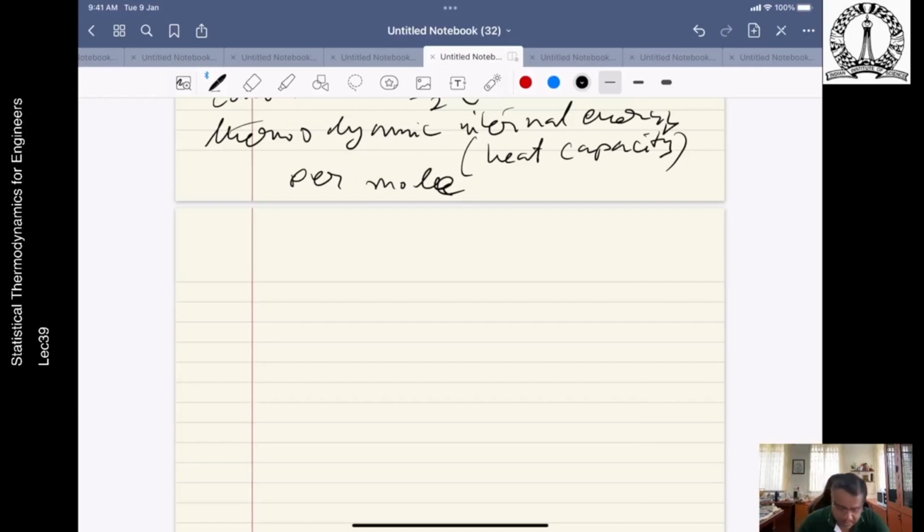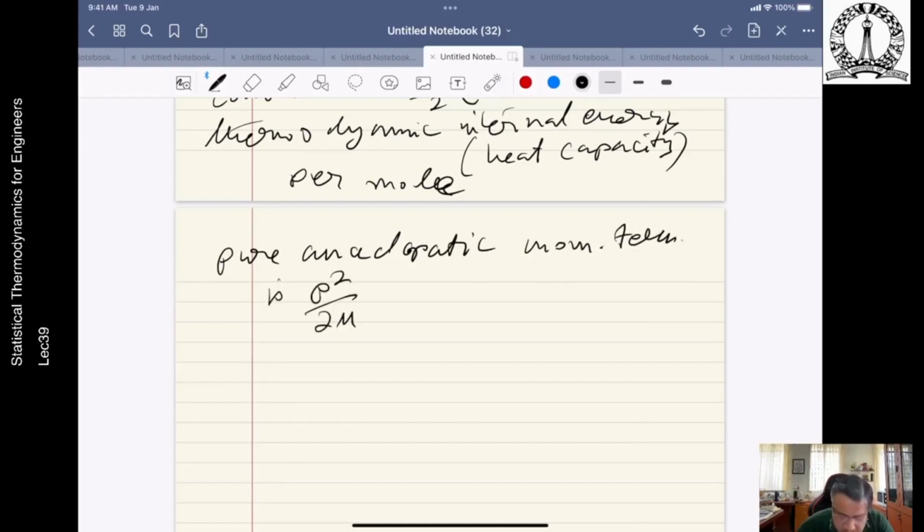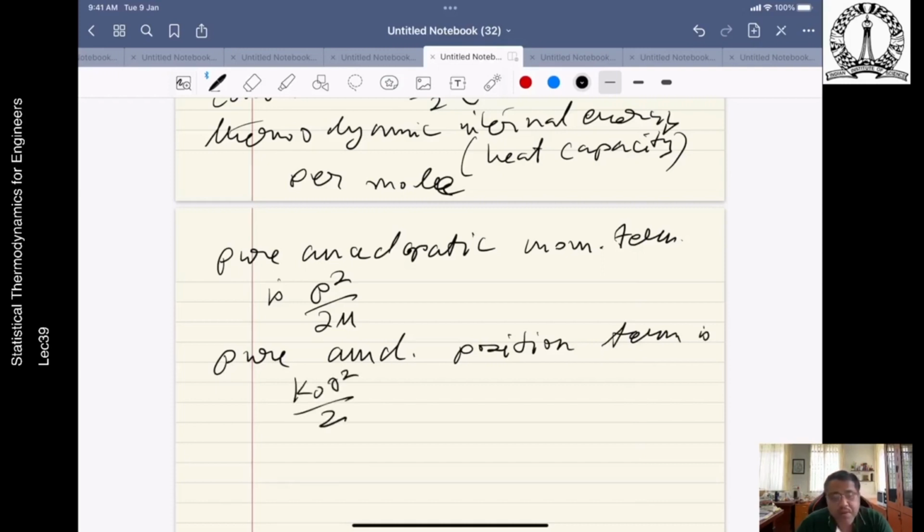Okay, so the pure quadratic momentum term is p squared by 2 mu, where the pure quadratic position term is k naught r squared by 2.